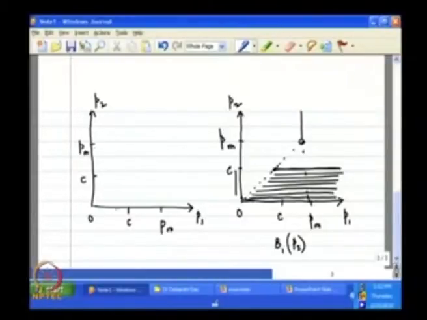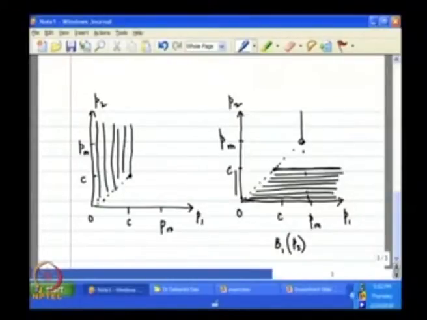Now, here what will happen is that if P1 is any value less than C, this is the point CC, if P1 is any value less than C, it can go all the way down to 0, firm 2 will charge a price higher than that price. So, if this is the 45-degree line, all these points in this shaded region will come under the best response function of firm 2.